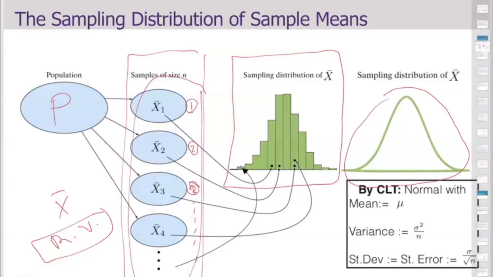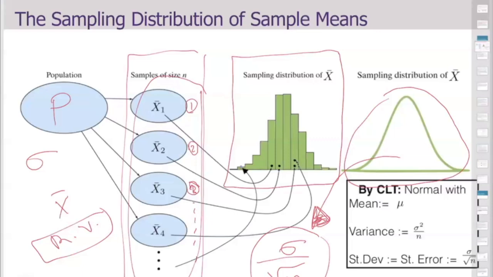So you will know after a while that the sample mean has a normal distribution, with the same mean as the population mean. But we have a different standard deviation in this case. If the population standard deviation is sigma, the distribution of the sample mean has a standard deviation of sigma divided by square root of n.